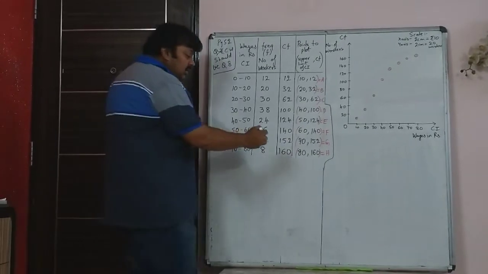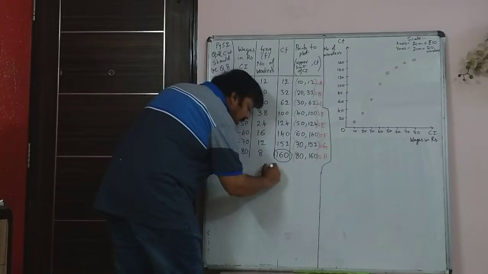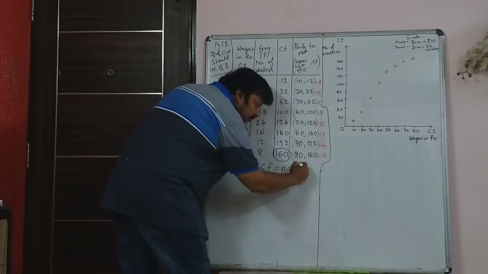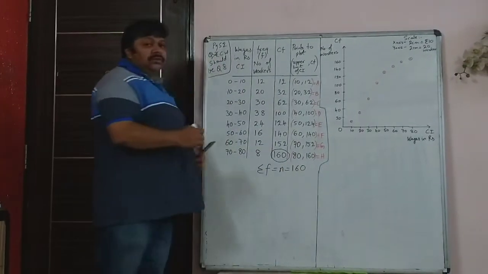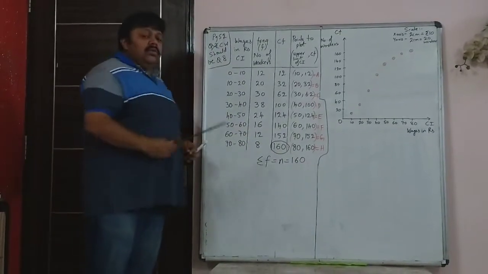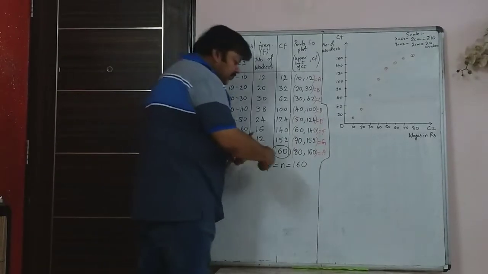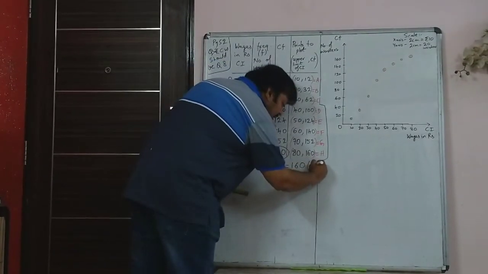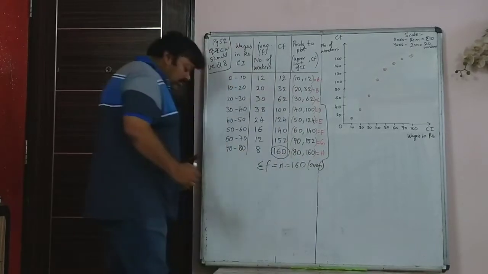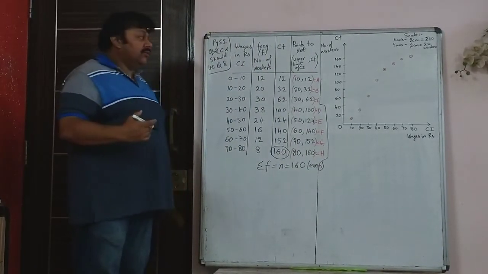So here this last number that you get, that is your sigma f or N. It is 160. So actually in the sum there are a total of 160 workers. So it is even. The data is even. Most of your sums will have an even number of data.